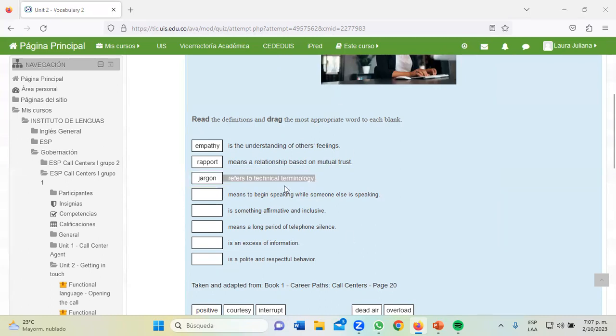Elkin, can you read the next? Okay, the next is interrupt. It means to begin speaking while someone else is speaking. Yes, interrupt. Good. Carlos, can you read the next one, please? Yes, teacher.